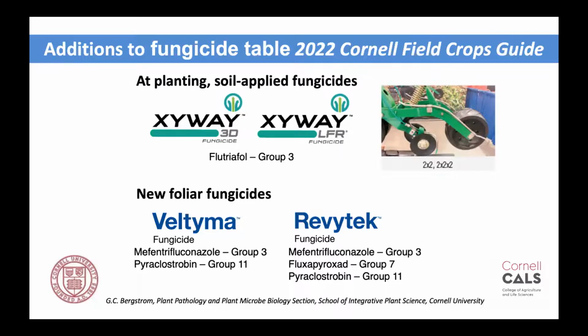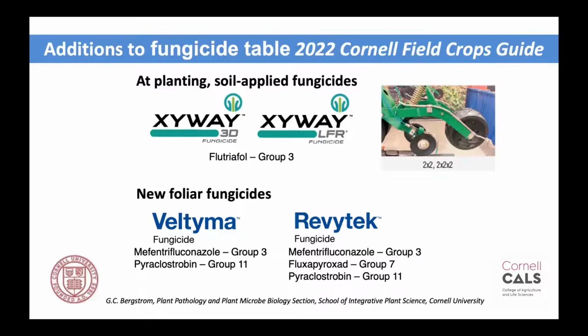There have been some incidences with stand problems, emergence problems, and particularly for early planted corn in a no-till situation. What we've learned is that the flutriafol needs to be separated from the seed. There should not be direct contact there. And some of the 2x2 kind of applications or things that separate by several inches from the seed are important. Going forward, probably beyond 2022, they probably will be backing off of the in-furrow recommendation for application.